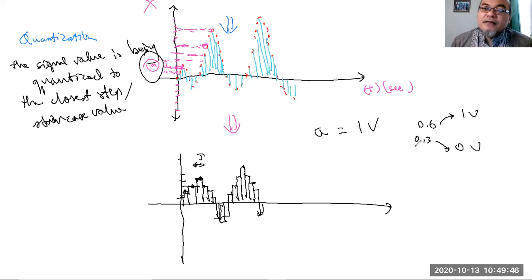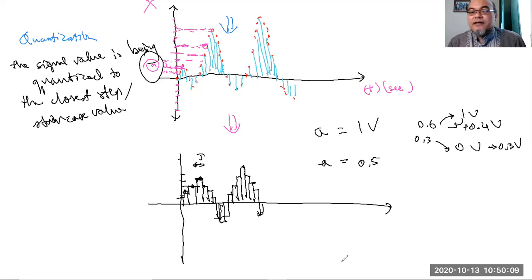Here the difference is 0.4 volt from the original value, and here the difference is 0.3 volt. But let's say now A is made smaller, to be only 0.5 volt.